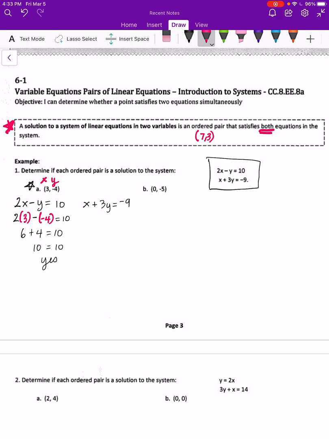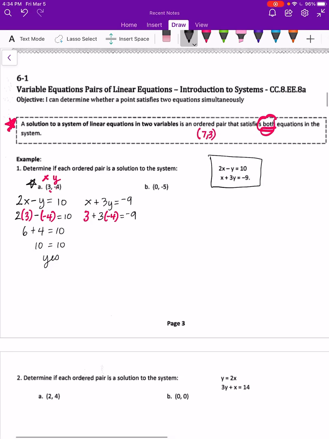It has to satisfy both, so I have to plug it into the next one. Where x is, I'm going to replace it with 3, just like on the other one. So 3 plus 3 times, where y is, I'm going to put in -4, and then equals -9. So 3 plus -4 times 3 is -12. 3 minus 12 is -9.